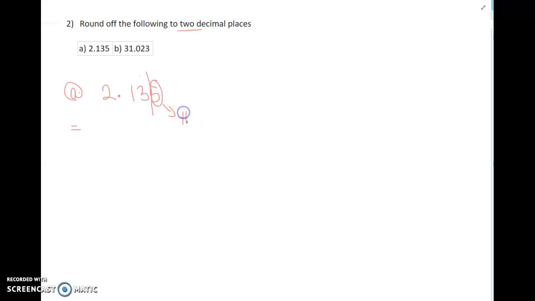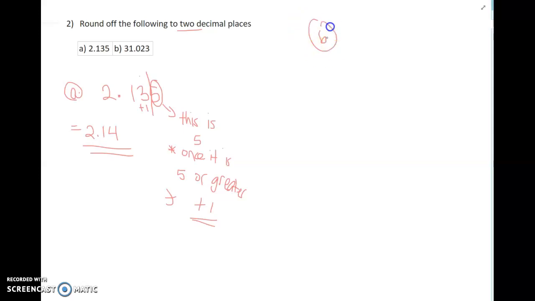So remember what I said, once it is 5 or greater, we're going to add 1, right? So we added 1 there, we get 2.14. That's my answer. Remember, after the line, I leave out those numbers, right?